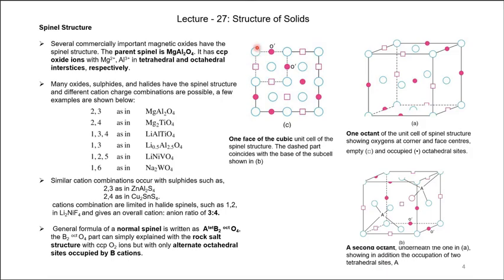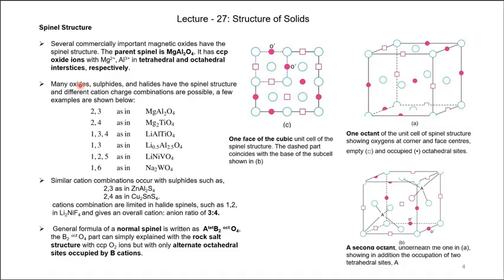Remember that we are taking 2 axes and one is perpendicular to the plane of the paper. So the base of the subcell is shown in the dashed line. This is the base of the subcell.